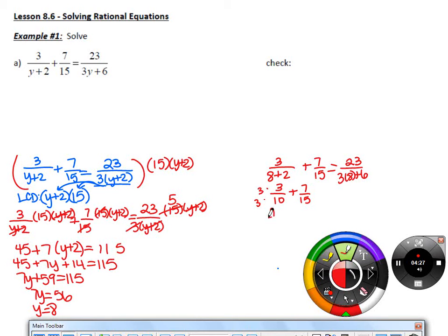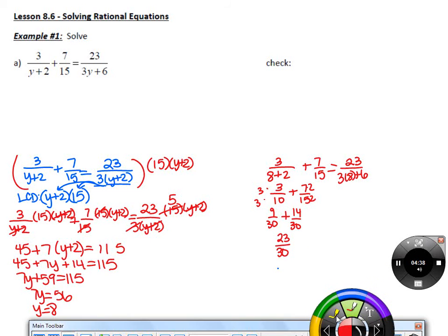So I get 9 over 30 plus 14 over 30 equals 23 over 30. And on the right side, I get 23 over 30. So these are equal. So it does work. So I can go ahead and say that y equals 8 is my solution.